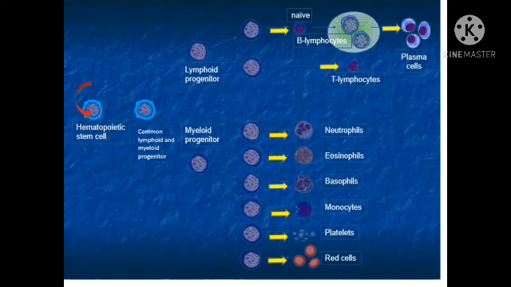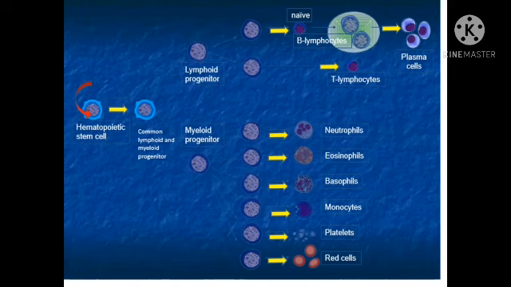Let us understand the normal development of these cells, WBCs, RBCs and platelets. The hematopoietic stem cell, which is a parent cell of all these, will give rise to common lymphoid and myeloid progenitor.